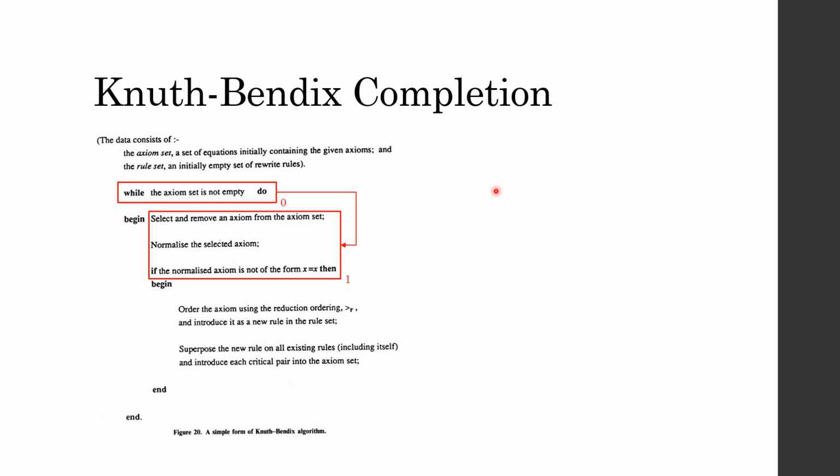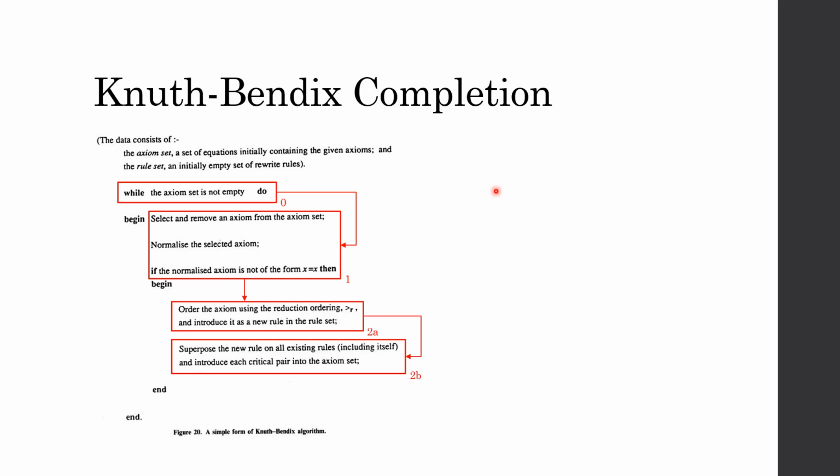If the normalized axiom is not of the form x equals x, then order the axiom using the complexity ordering, reduction ordering, and introduce a new rule in the rule set. Then superpose the new rule on existing rules, including itself, and introduce a critical pair into the axiom set.